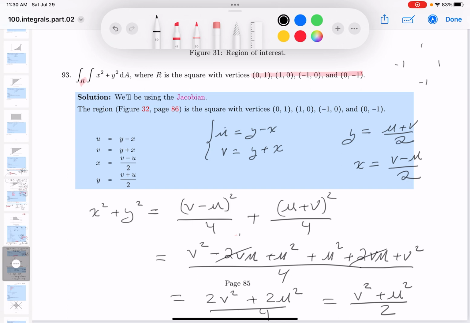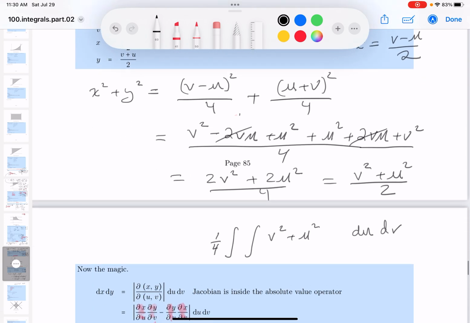Let me take a look at that. I gotta think. That's a problem with thinking.